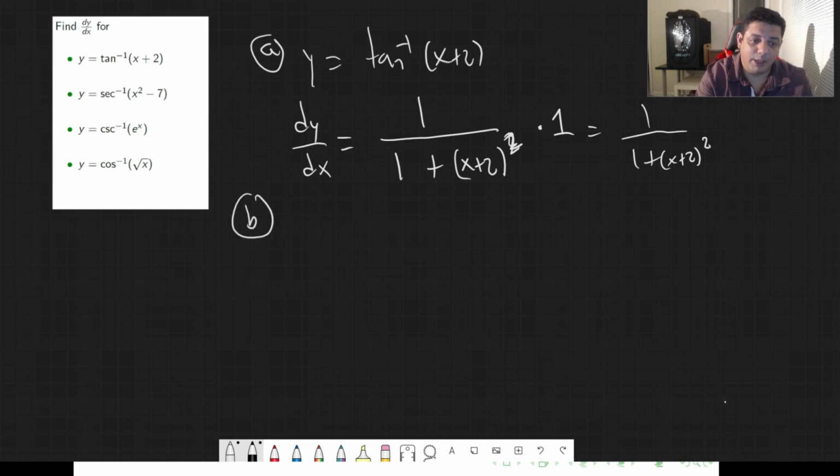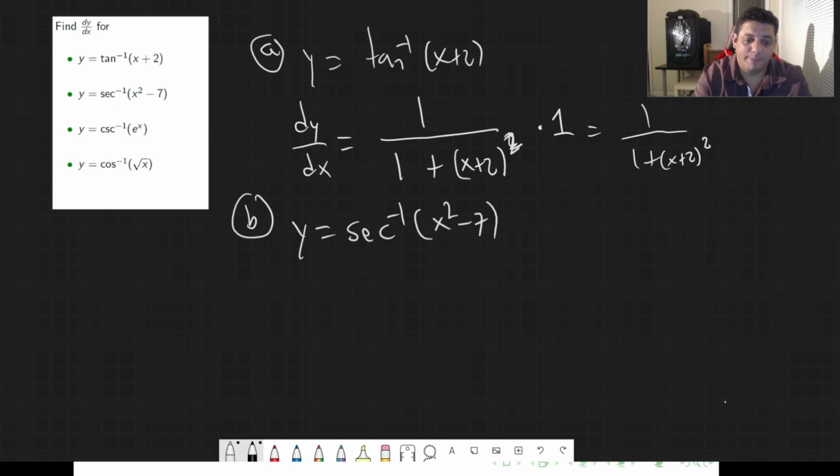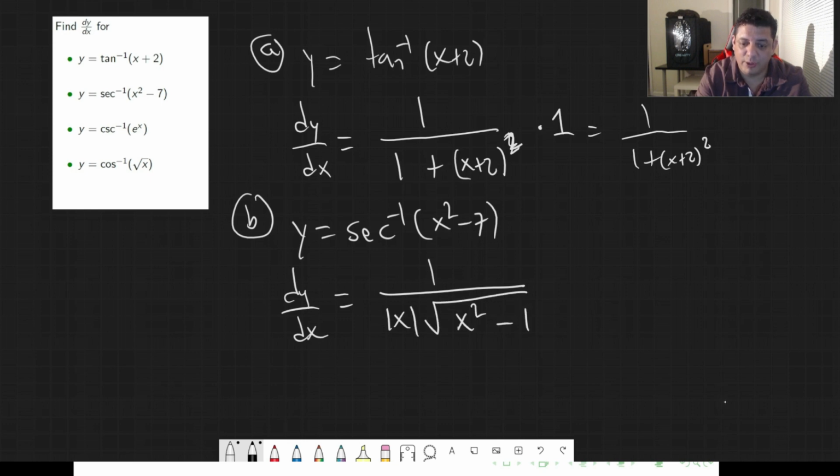Now, b, we're using secant. So we have arcsecant of x squared minus 7. If we take the derivative of this, remember the derivative of arcsecant is going to be 1 over the absolute value of x times the square root of x squared minus 1 normally. Oh, but here we have x squared minus 7.